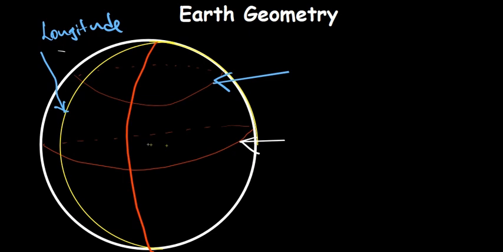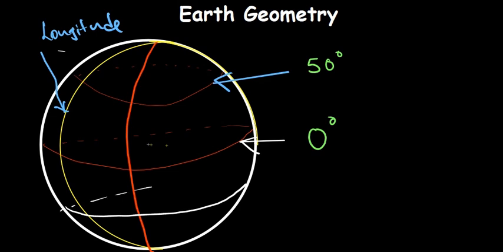Let's say this top part is 50 degrees, and the equator is of course at 0 degrees, and then I put another latitude down there at 50 degrees as well.